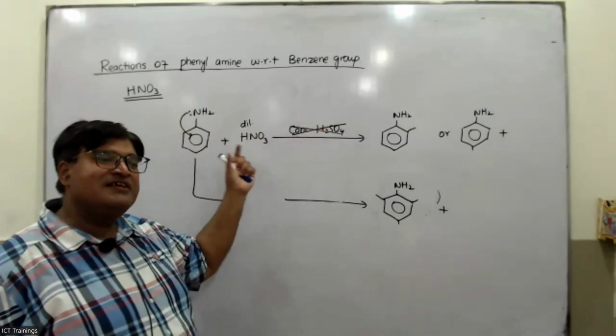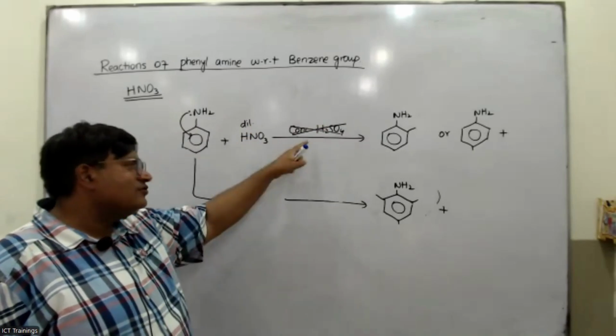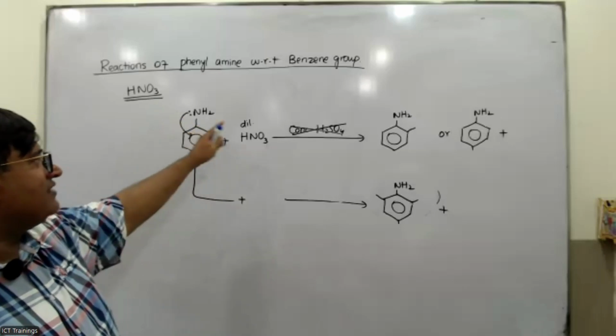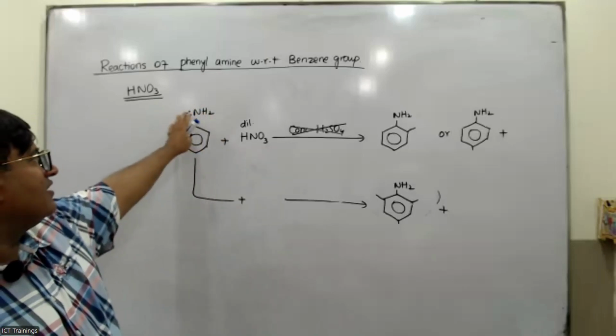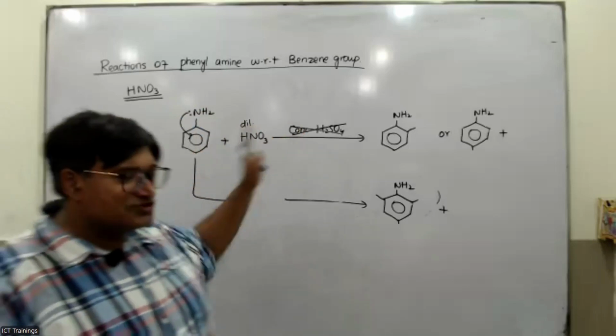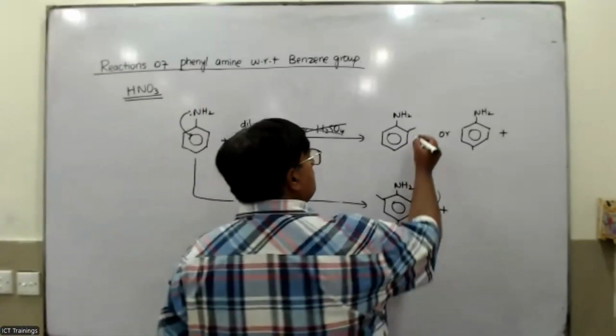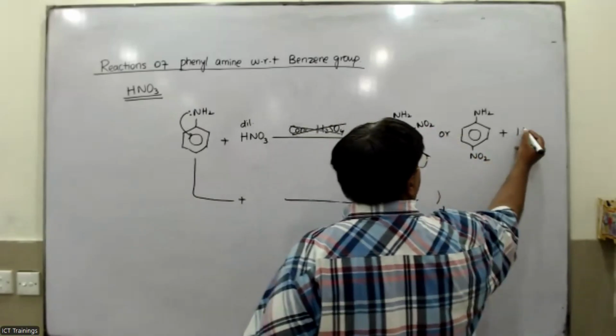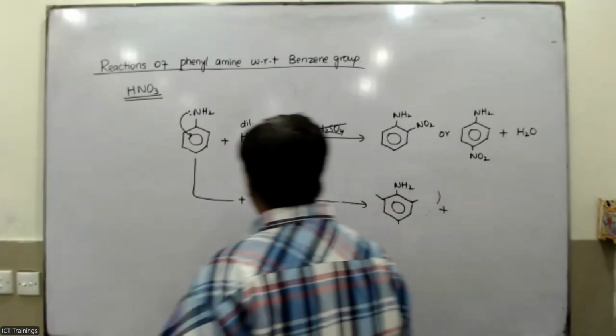If benzene or methyl benzene alone is present, then we use the catalyst, but with phenol and with phenylamine, with the amine group, the lone pair is delocalized, so no need to use the catalyst. So the NO2 group would be attached on position 2 or 4, and H2O is being generated.